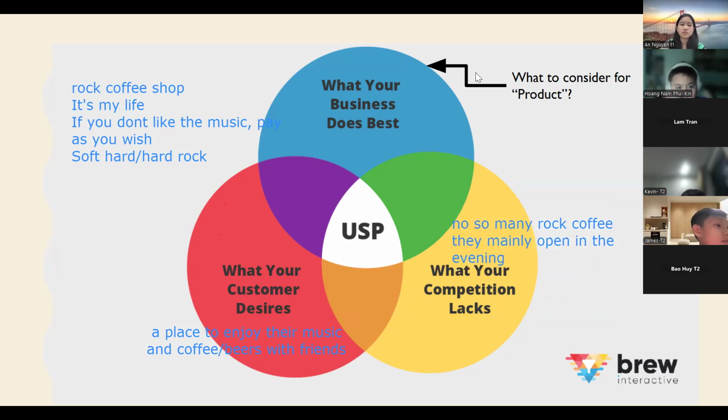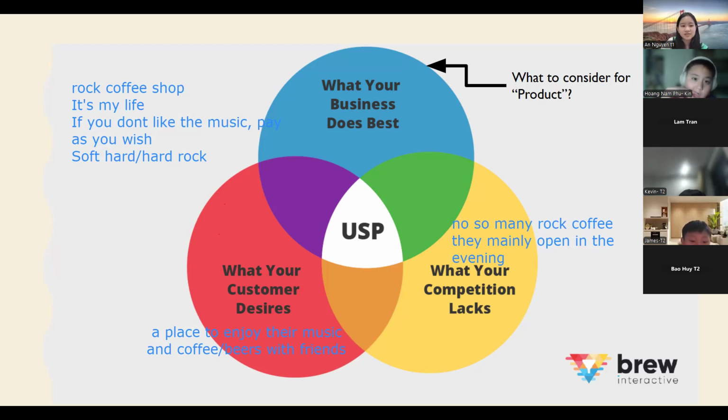Analyze the things on my screen and tell me what is my unique selling point. Is it playing a variety of rock music all day and night in a coffee shop?